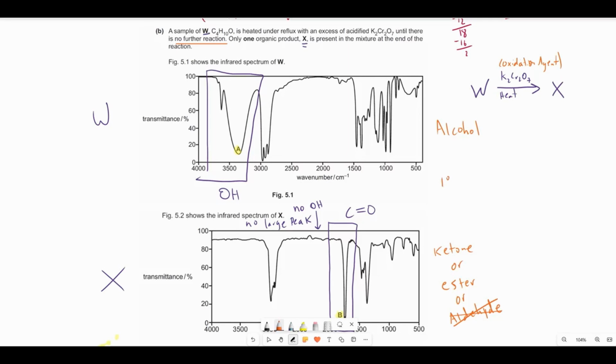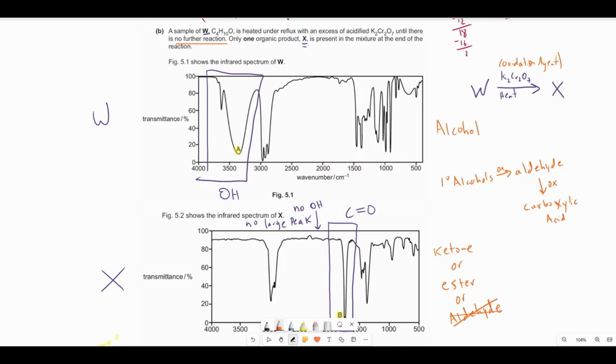Remember, primary alcohols can be oxidized into aldehydes, which can be further oxidized into carboxylic acids. Because aldehydes can be further oxidized, this W cannot be an aldehyde, because there's no further reaction.